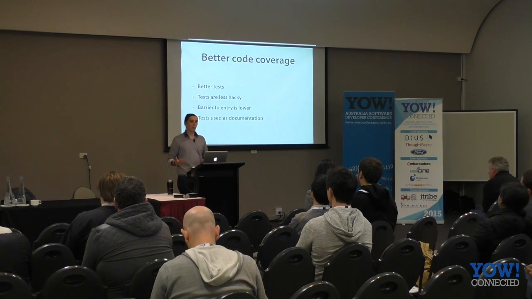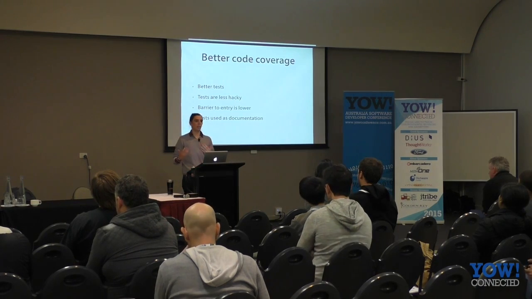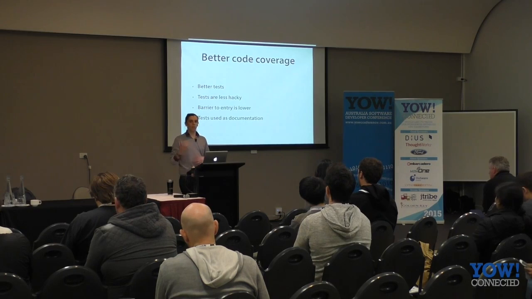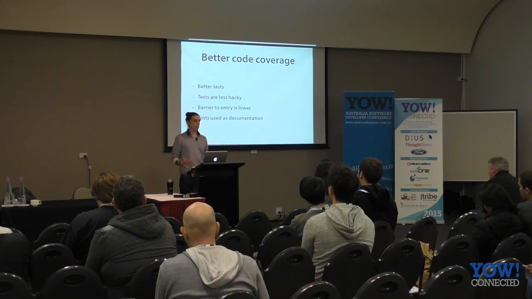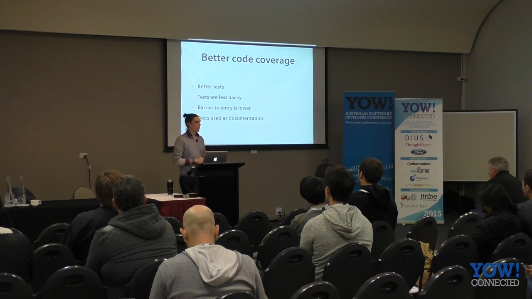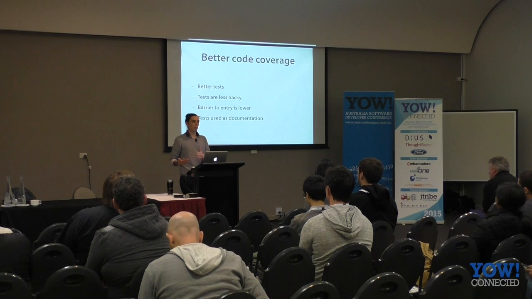Obviously, if your classes are smaller, your code does less. Your test cases do less. Your test cases are easier to write. They resort to less exotic trickeries and stubs. And the barrier to entry for any developer to write tests is lower. So it means that your devs want to write tests. It feels like less of a pain. On Project F, we used a BDD approach, and we used Kiwi. So it meant we had short, behavior-driven tests that could almost be used as developer documentation.